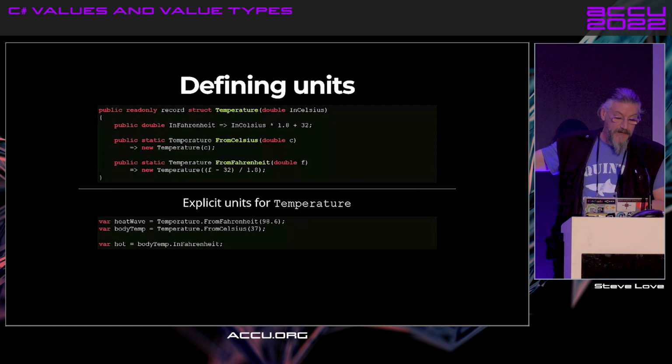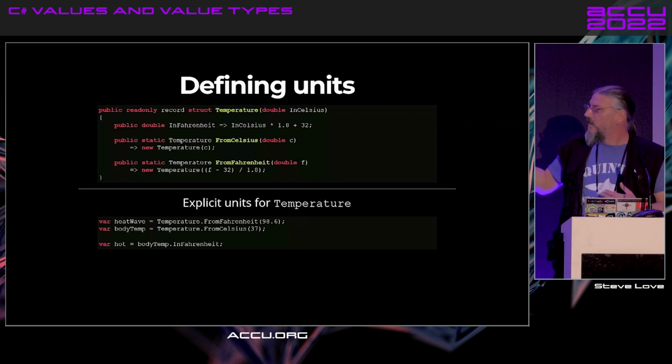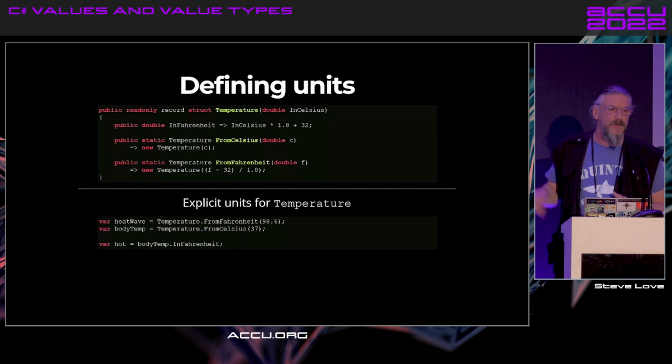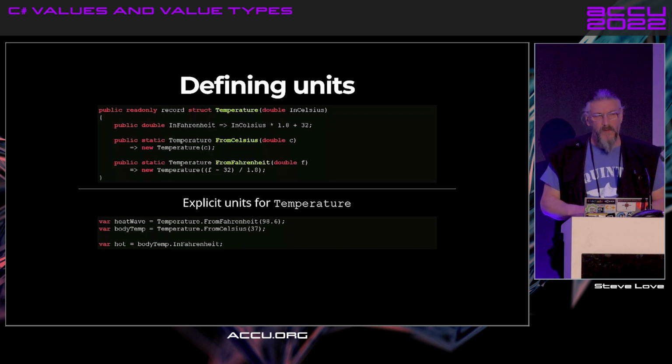So at the bottom, we've got the usage, and we can say from Fahrenheit, from Celsius, and we need a different way to encode our variable names if it matters, but it's normally most important when you're creating instances that you're explicit about the units. It's probably not common to mix and match the units anyway.